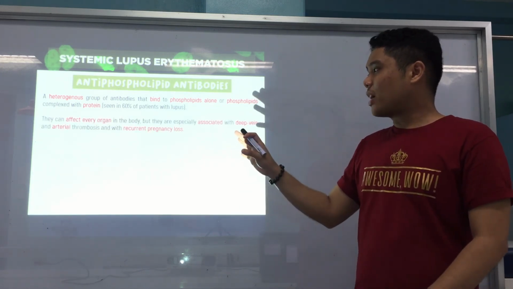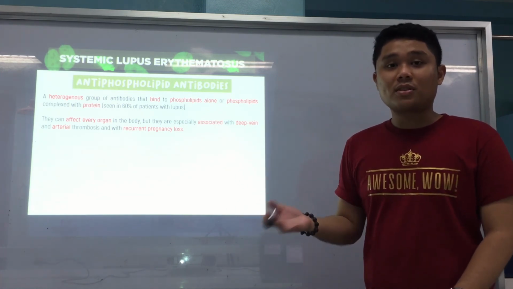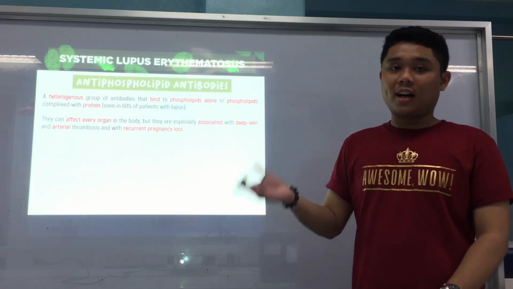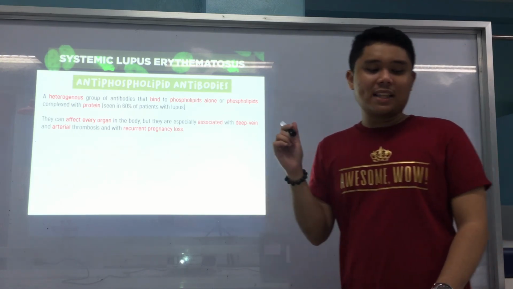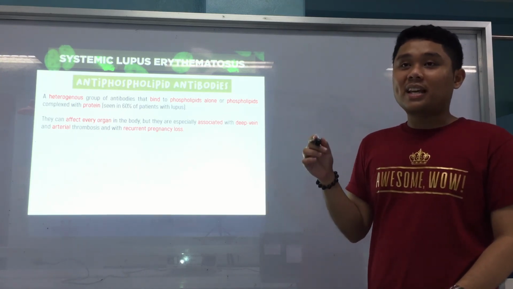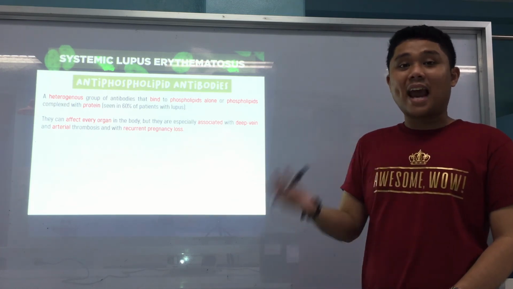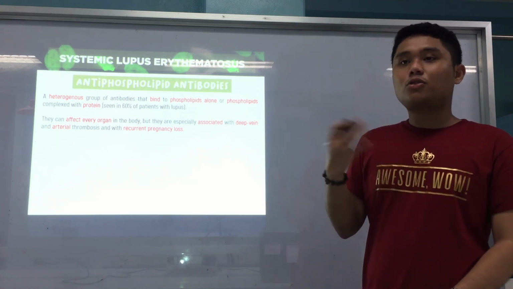Alright? They can affect every organ in the body, but they're usually associated with DVT, deep vein thrombosis, or arterial thrombosis, meaning na yung mga clots sa mga deep veins or sa artery, and especially in pregnancy loss. Usually, I've encountered antiphospholipid antibodies testing for pregnant women because of pregnancy loss, miscarriage. It could be that the body of the woman has antibodies to phospholipids.